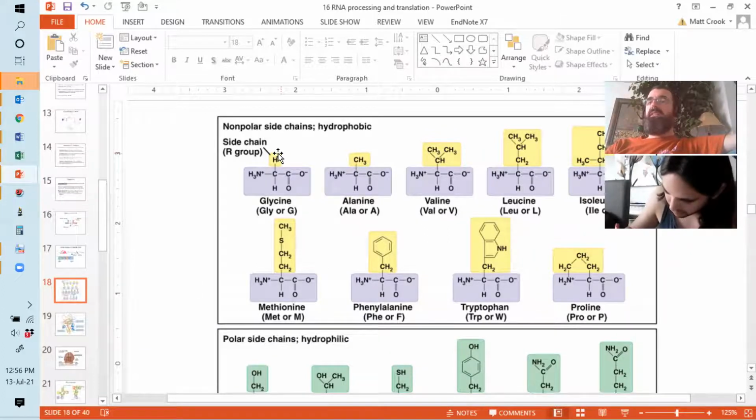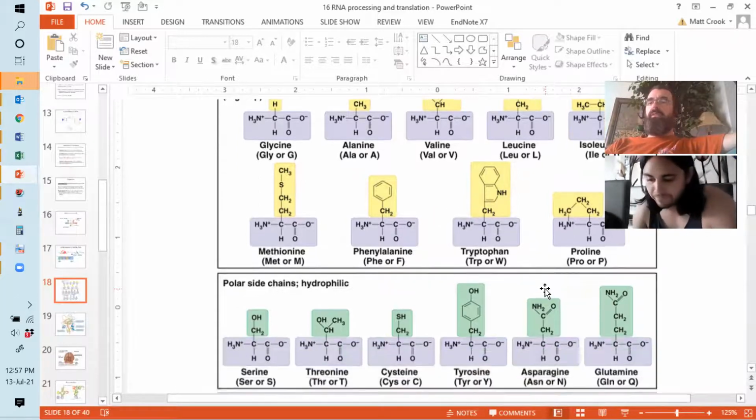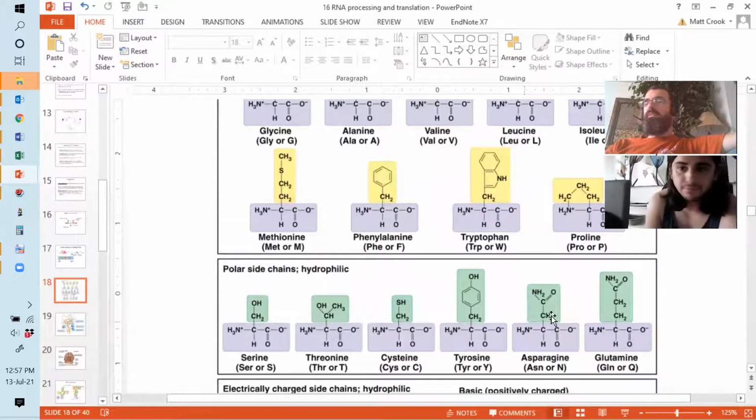You can also see that they vary hugely in size. We've got glycine, which has a single hydrogen atom for its side chain, as dull as it can get, to tryptophan, which has this weird double cyclic carbon thing. Look at the hydrophilic ones, and now you see amine groups, hydroxyl groups.